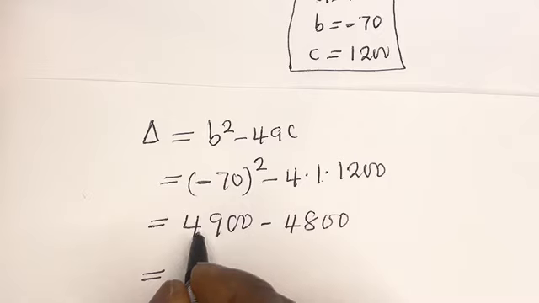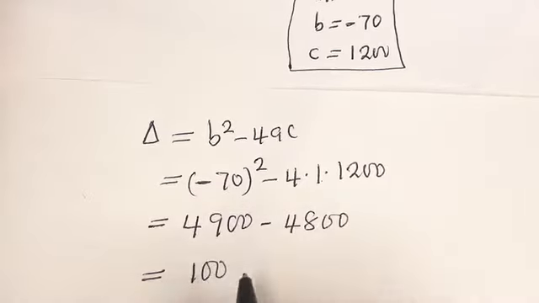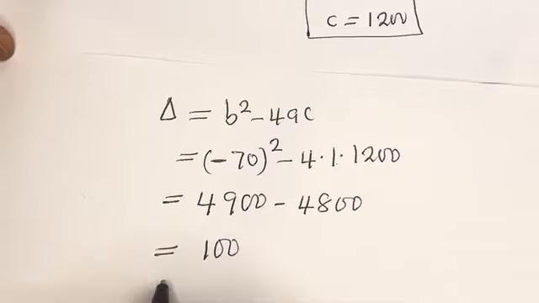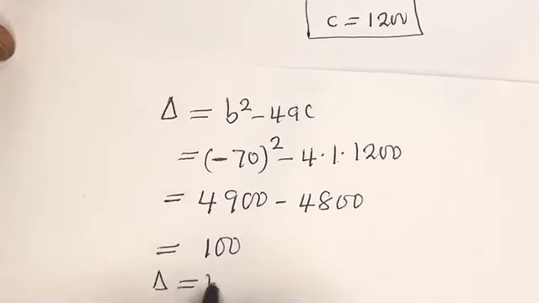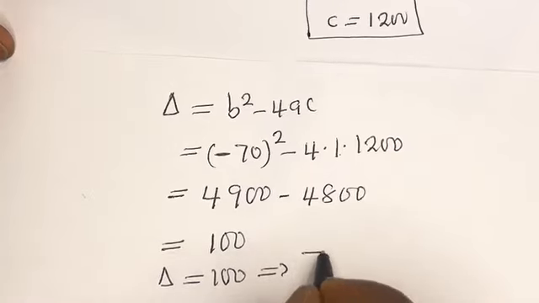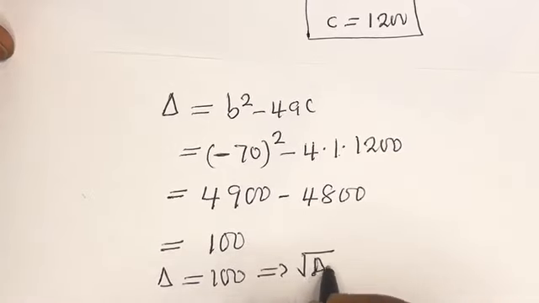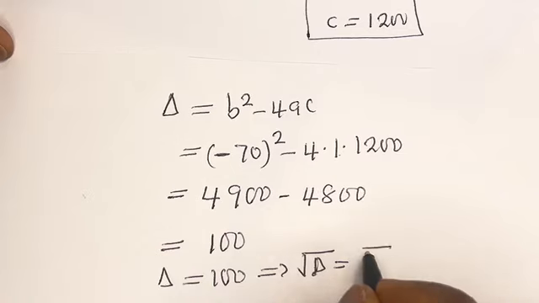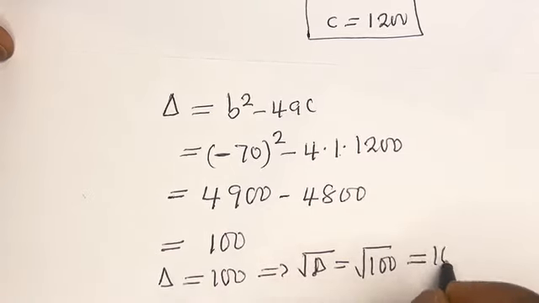This is equal to 4900 minus 4800, that is 100. Then D is equal to 100. Then square root of D is equal to square root of 100, which is equal to 10.